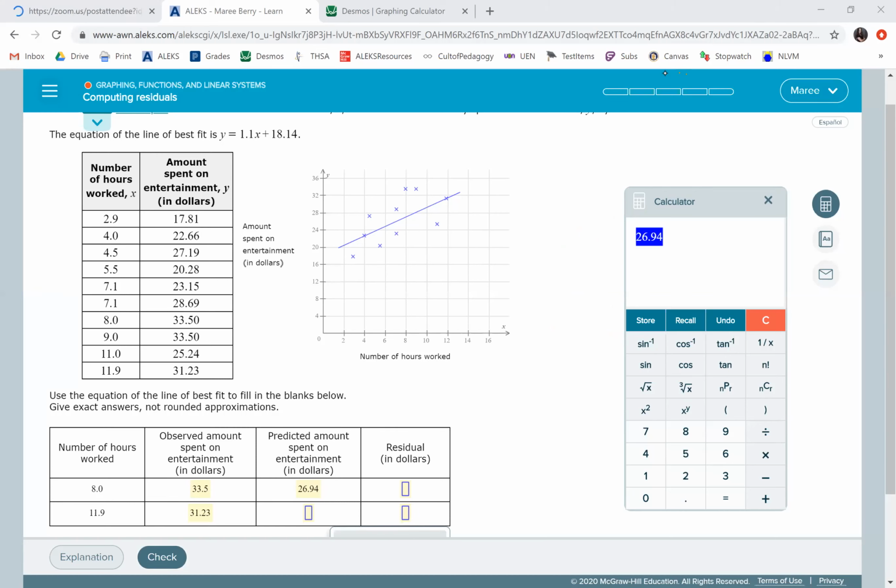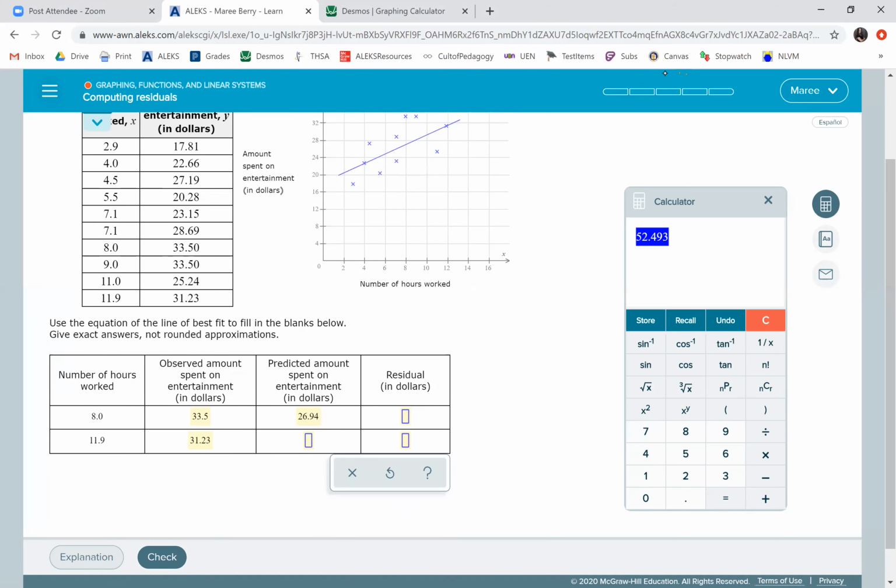And then the second one is 1.1 times 31.23, and then I'm going to add 18.14. I get 52.493. I just looked at the instructions and it said do not round approximations, so we're not going to round.